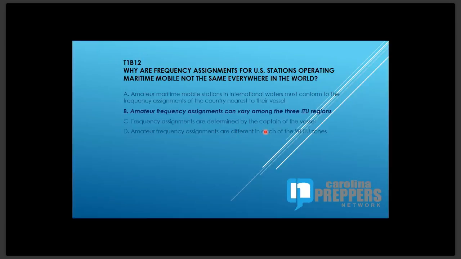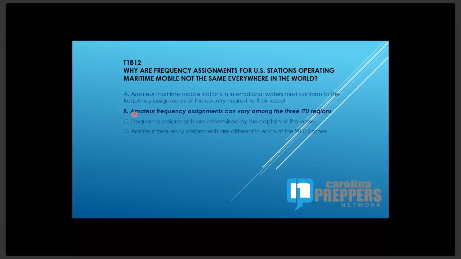It's a lot to consume. So maritime mobile, not the same everywhere in the world. Basically, amateur frequency assignments can vary among the 3 regions, and depending on where the boat is located, you're going to fall under that region. While you're on the boat, whatever flag is flying, if it's an American flag on that boat, you're going to use your privileges, you're going to use your call sign, and you're going to transmit following the rules of the U.S., but you're going to have to follow the frequency allocations for the zone that boat's in.